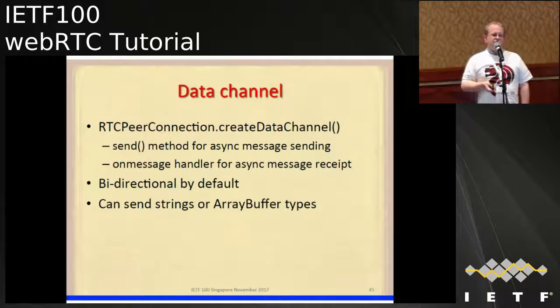So from a JavaScript standpoint, it's one of the peer connection APIs: you call createDataChannel. And what you get back is something that has a send method and an onmessage handler. By default, data channels are bidirectional, but you can change that. And you can send any string or any of the various array buffer types.